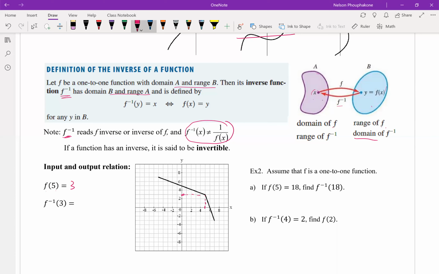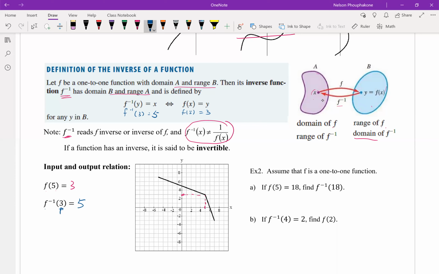Now if I have f inverse of 3, that means the output is 3, and we trace it back to get the input, which is 5. So f inverse of 3 is equal to 5. Again, f of 5 equals 3, then f inverse of y, which is 3, equals x, which is 5.